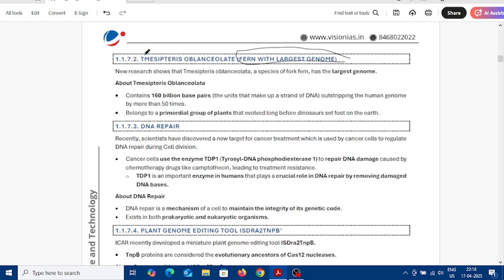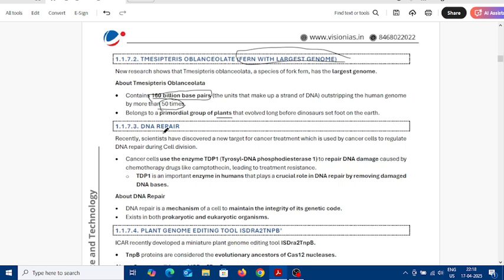Okay, T must be silent here. Largest, you have to remember this is a fern that has the largest genome. Contains 160 billion base pairs. And ये 50 times larger है human genome से. It is a group of plants that is primeval, meaning it evolved before dinosaurs came to earth.